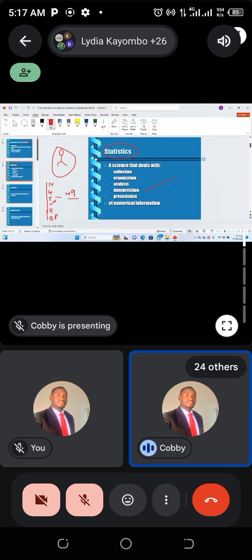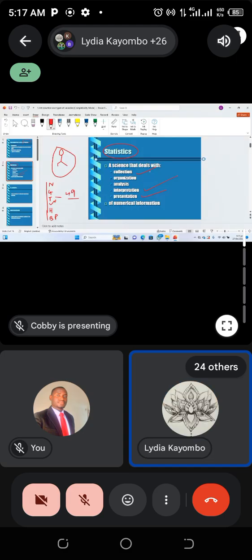And so now after you have interpreted these findings, where do you go? You go to your doctor and present what you have found, right? You do the presentation. So statistics involves the collection of this information. Okay, so whether you are doing a study, the first step that you do is to collect the information.